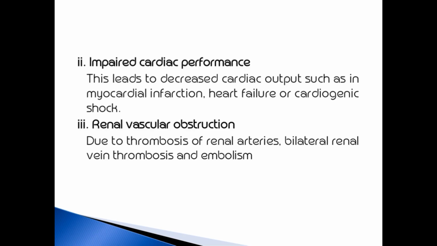So due to thrombosis of renal arteries, bilateral renal venous thrombosis, and embolism, if there is a clot in the renal vessels, the arteries that are carrying blood to the kidney, you find that there will be renal failure. The kidneys will fail to form urine and do other specific functions as they are mandated to do.